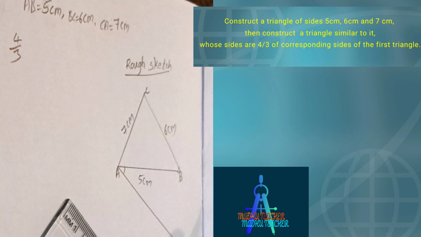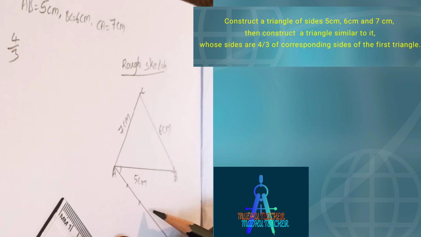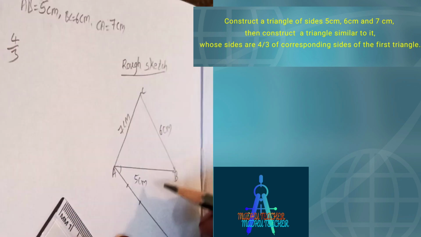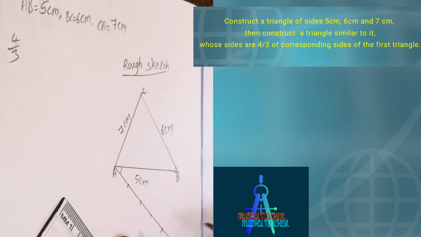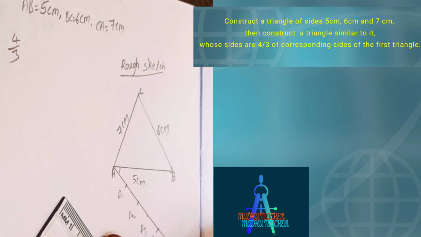Now make four equidistant points, A1, A2, A3, A4.